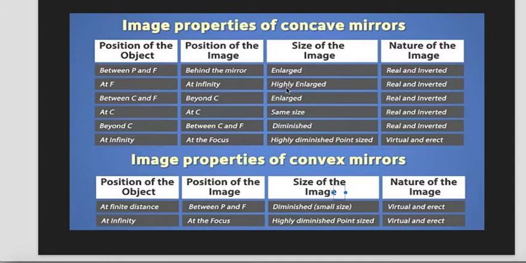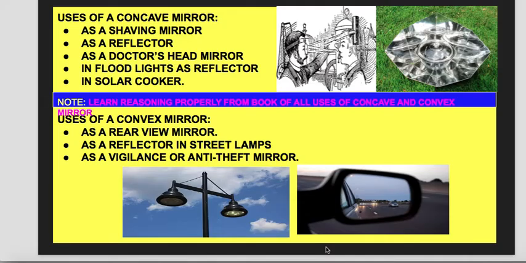You can see highly enlarged at F, at infinity. We have very clearly discussed all the ray diagrams in the last class. So you have to make this particular table from the book, students. Now today we are going to continue with the same, and we are going to talk about the uses also.